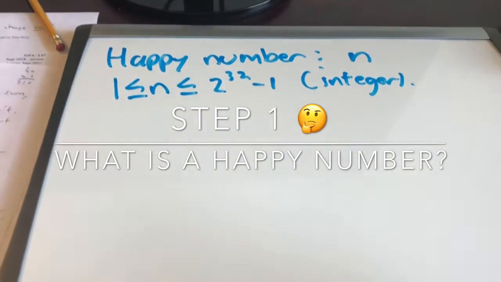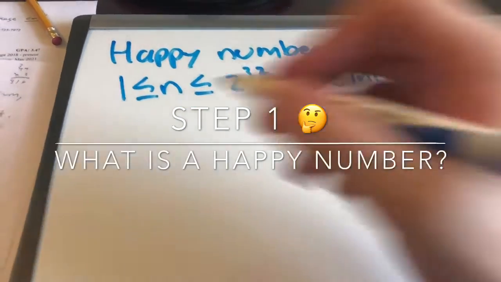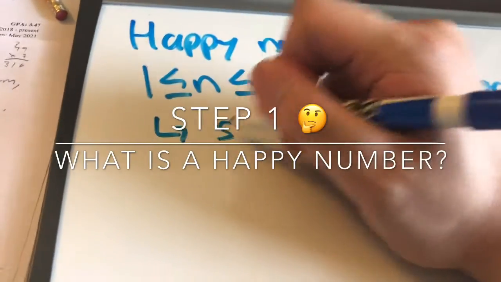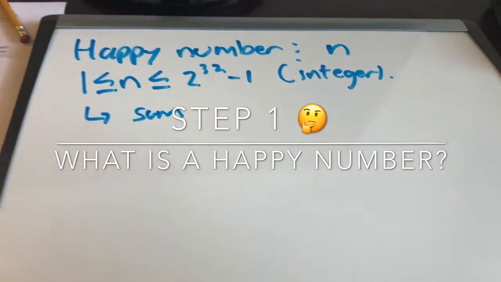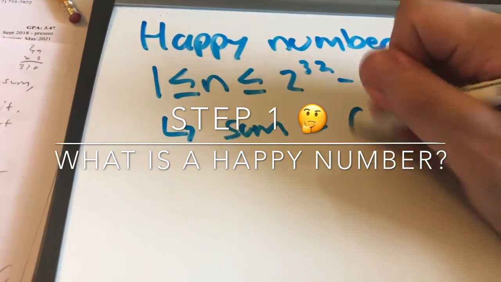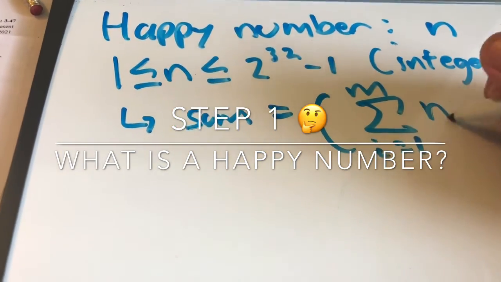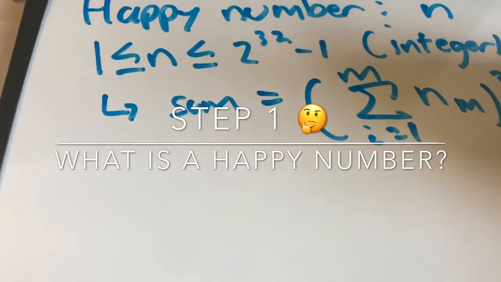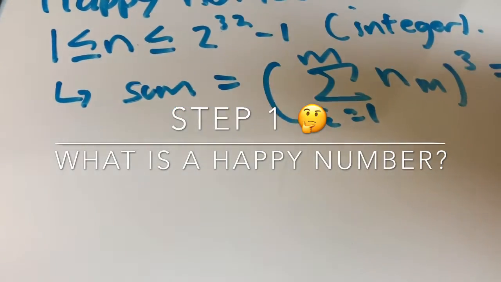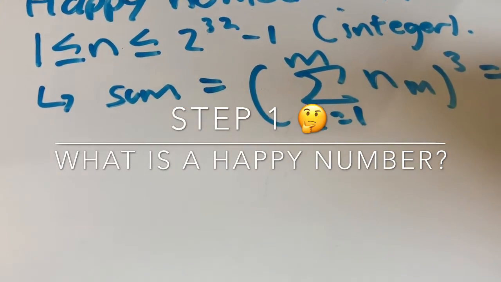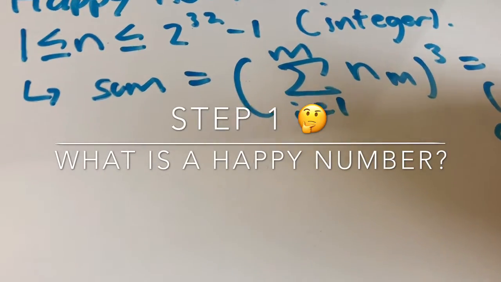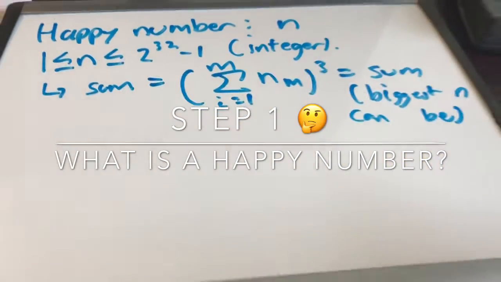In addition, the property of n is as follows: the sum, which is the biggest n can be, is equal to the sum from i to m of n_i cubed. So the sum of its digits, basically.